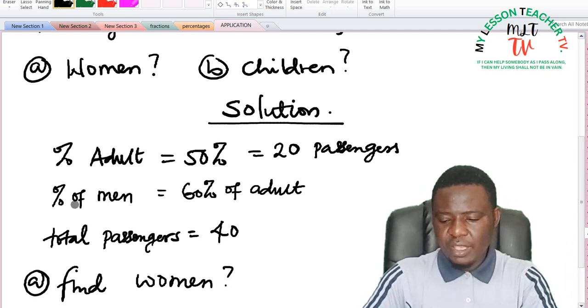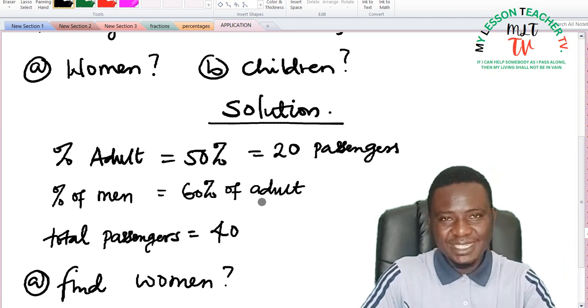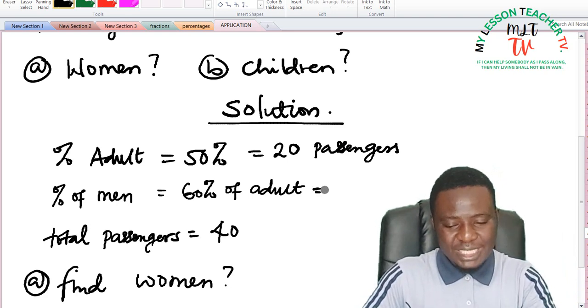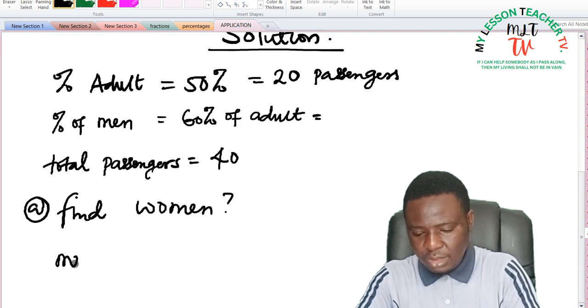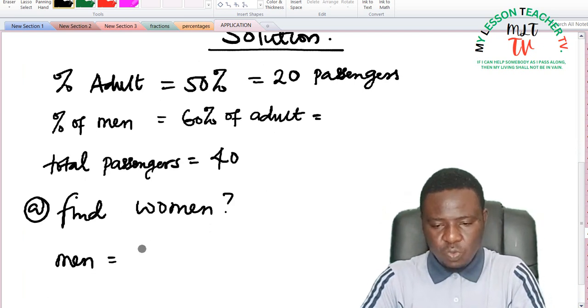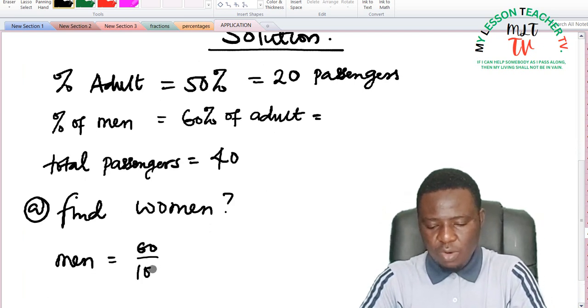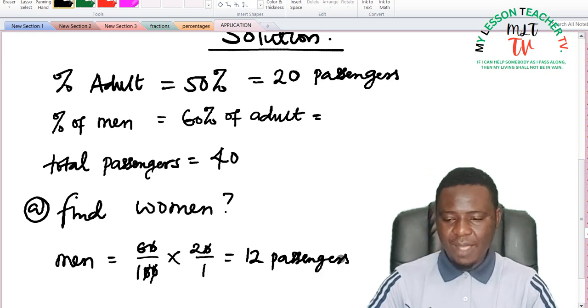So if 60% of the adults are men, then what is the actual number of men that we have? So men, in this context, is 60%. So we have 60 over 100 times 20 over 1. Therefore we have 12 passengers that are men.